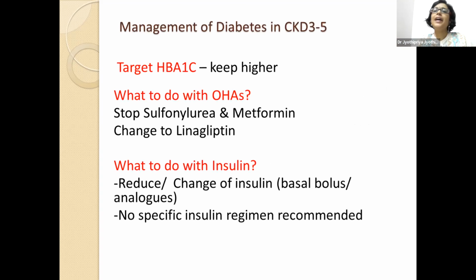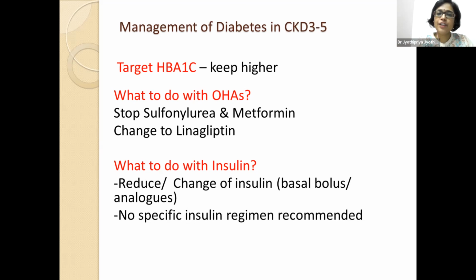Now, coming to the management of diabetes, the target HbA1c, as already told, should be kept at a higher level. This 6.5, 7 and all is basically for CKD stage 3, where we are still aiming at control of the complications. A preventive role is there. But once the patient goes to stage 4 and stage 5 CKD, it's always better to prevent hypoglycemia by keeping a target HbA1c up to a level of 8 and all.